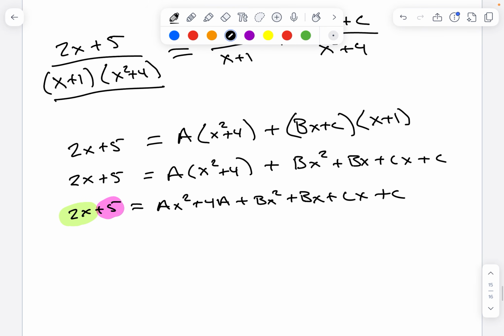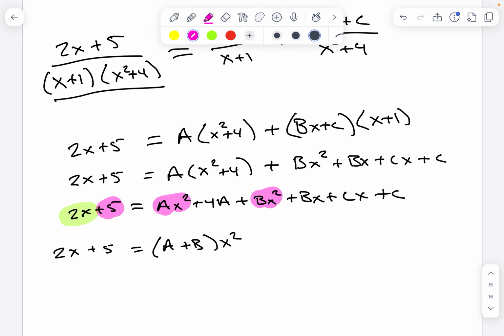So to get it in that form, we get 2x plus 5 is equal to, grouping like terms, A plus B times x squared. Notice how we have x squared on this side, so we have x squared, x squared.